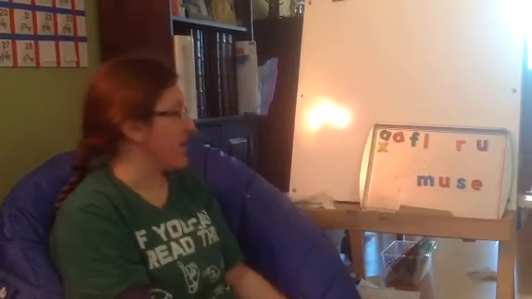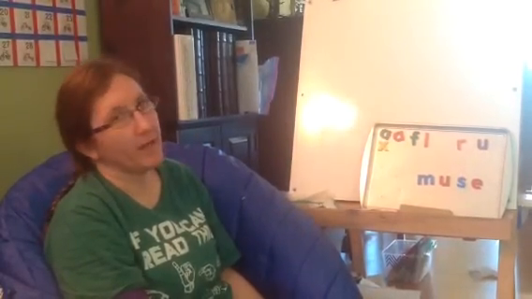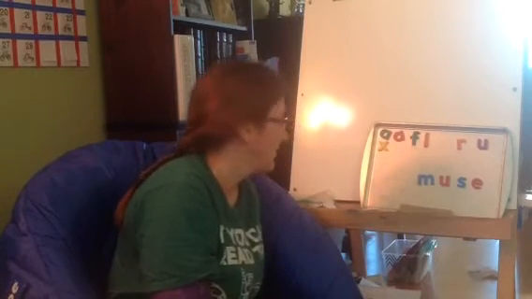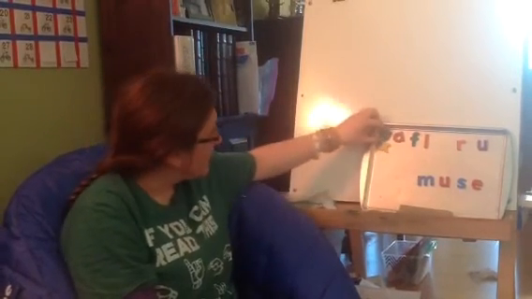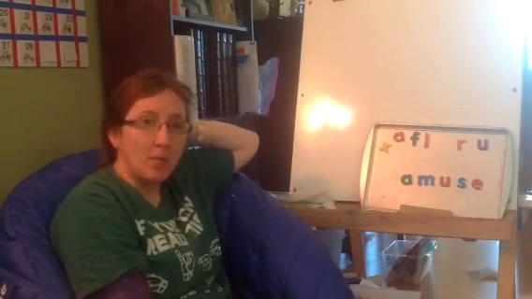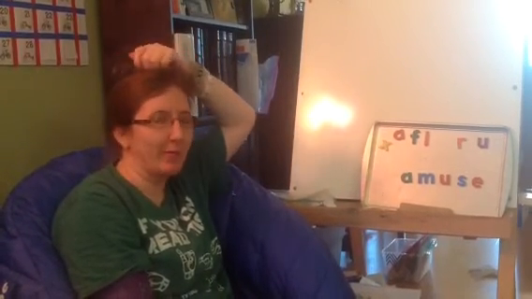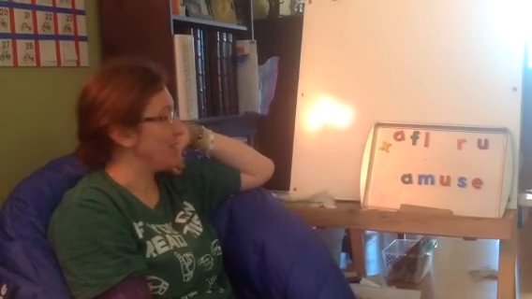Next I'm going to add an M to the beginning to make the word muse. If you're musing about something, you're thinking about it. I'm going to add an A to the beginning of muse to make the word amuse, which means that you make people laugh. And I know there's lots of you guys that can do that. You guys amuse me all the time.